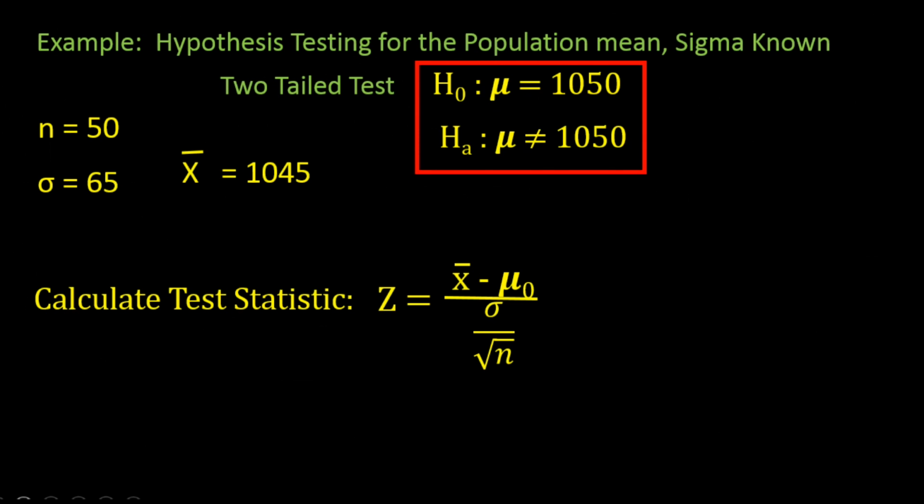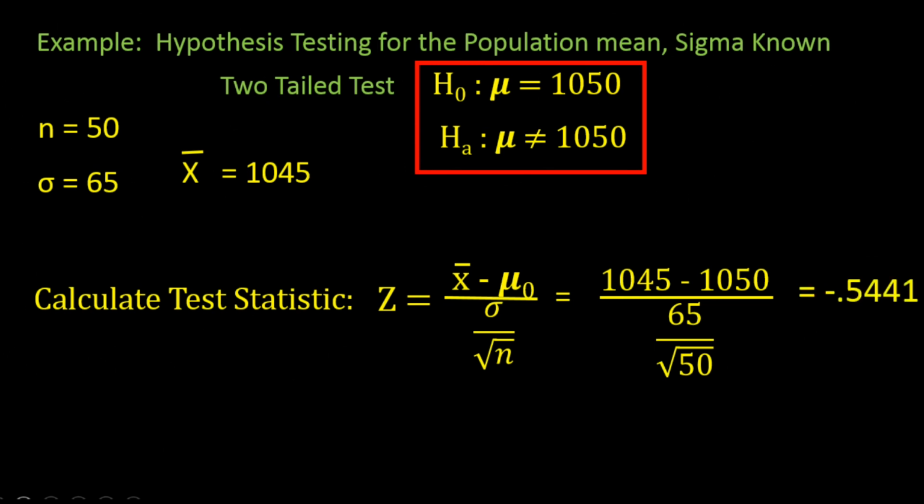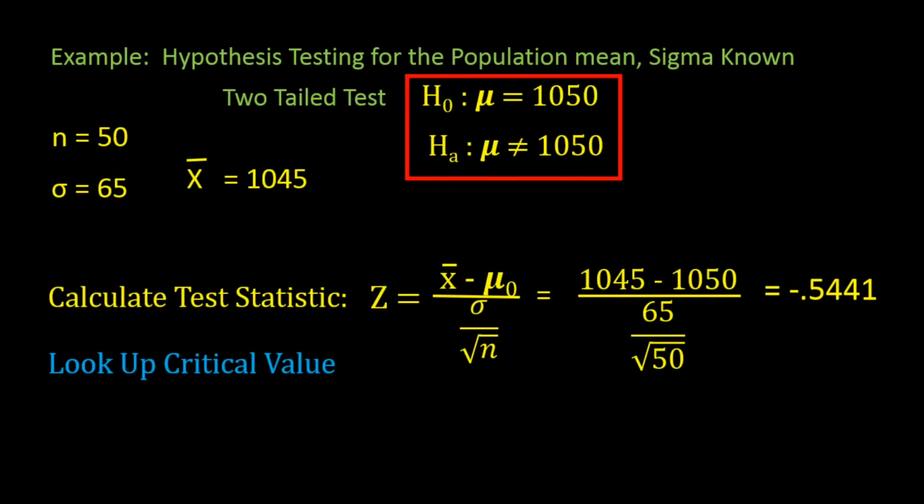So let's calculate the test statistic: Z is equal to 1,045 minus the hypothesized value of the mean, which is 1,050, divided by 65 over the square root of n, which is 50. And we get negative 0.5441.